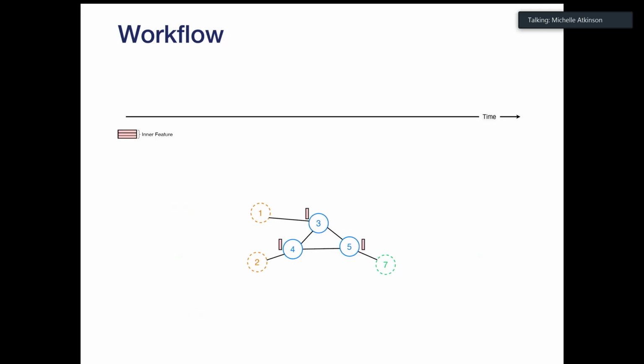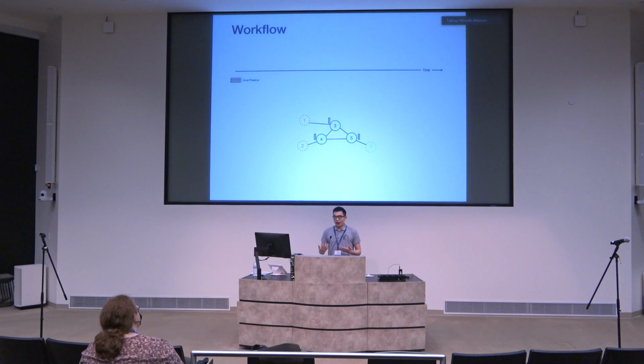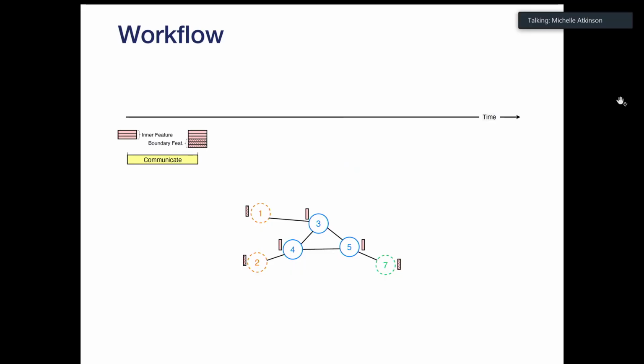Okay, now let's focus on the workflow of distributed graph neural network training. At the beginning of each iteration, each partition only contains the features of all inner nodes. Because we want to perform some computation, we need to collect the features of boundary nodes. This process requires some data transfer.